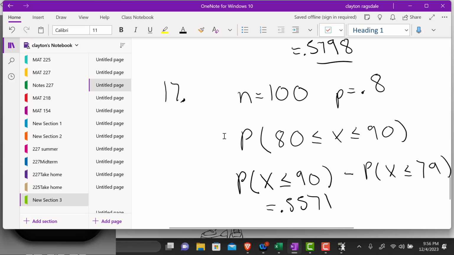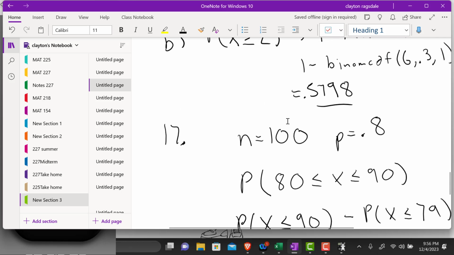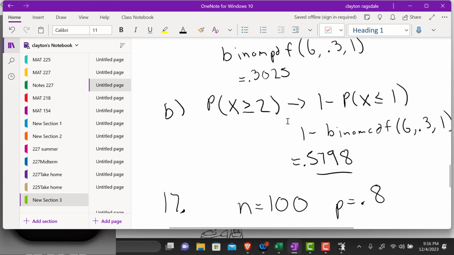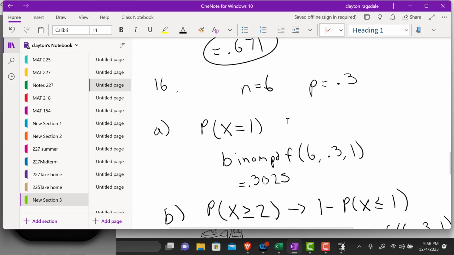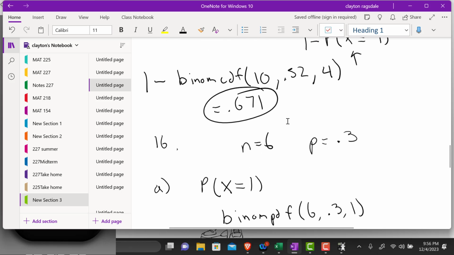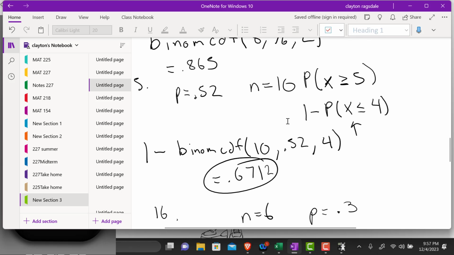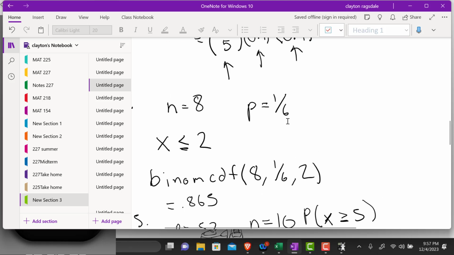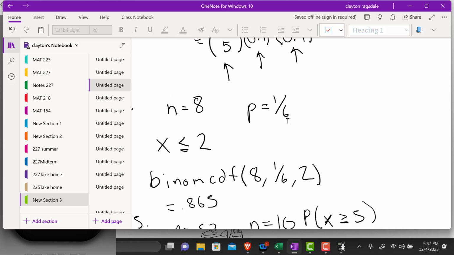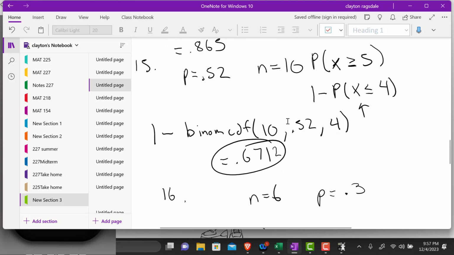Let's see the other ones. 0.5798, good. 3.025 and 0.670. I wanted 4 decimals here, so this should have been a 2, but we still have it correct. Let's double check. 0.8675, good. And good. Okay.